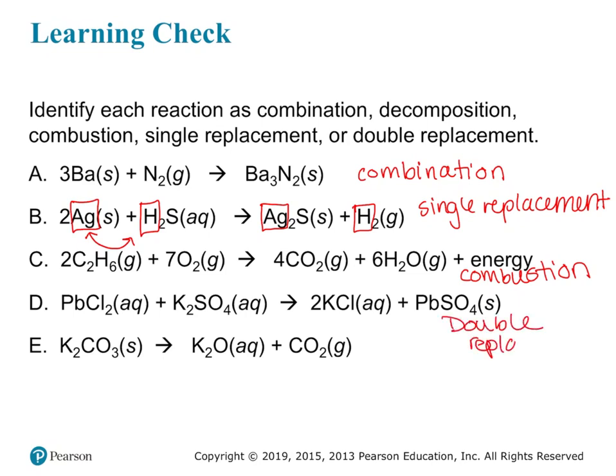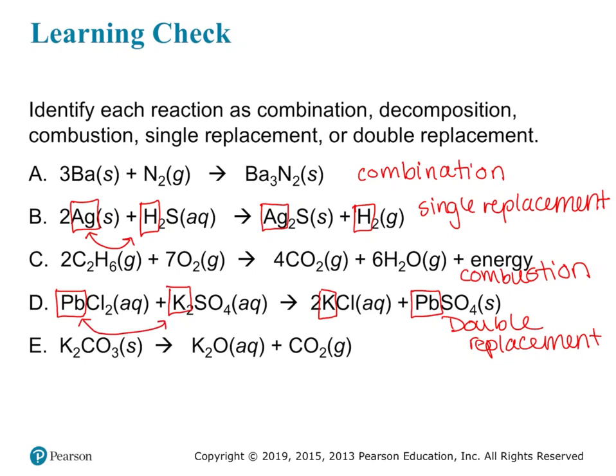So we start with two compounds and we end up with two different compounds at the end. So lead is initially paired with chlorine, but in the products it's paired with SO4. And then potassium is originally paired with SO4, but in the products it's paired with Cl. So these two are switching places.